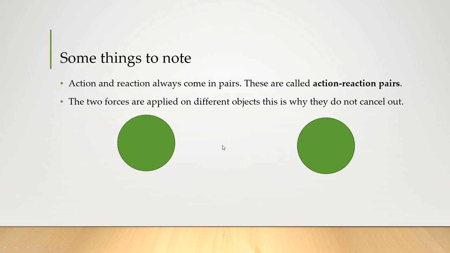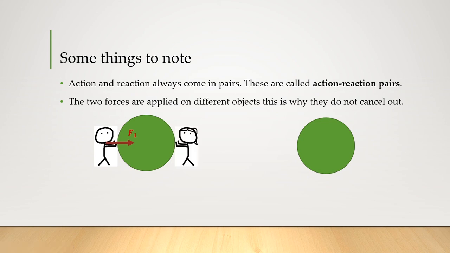Some things to note on action and reaction. Action and reaction always come in pairs. These are also called action-reaction pairs. The two forces are applied on different objects. This is why they do not cancel out. To illustrate that, look at these figures right here. So there's this guy who is exerting force 1. He is pushing the object.